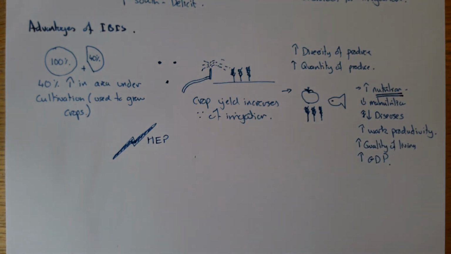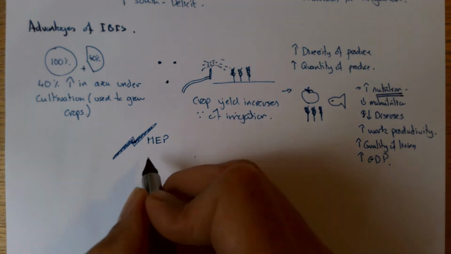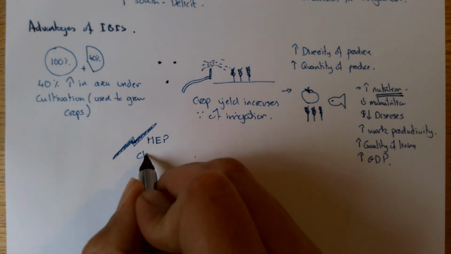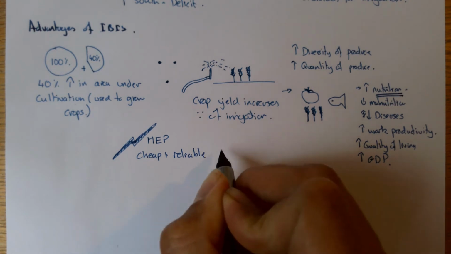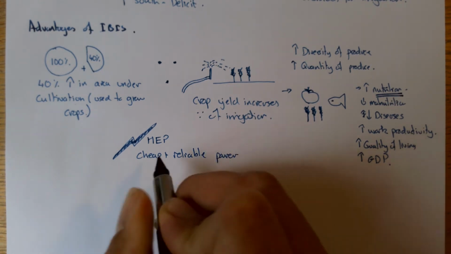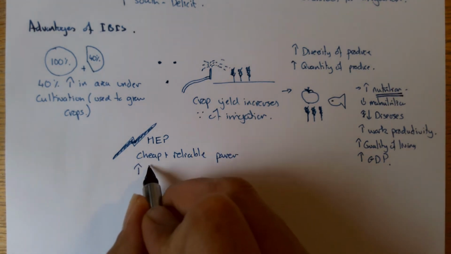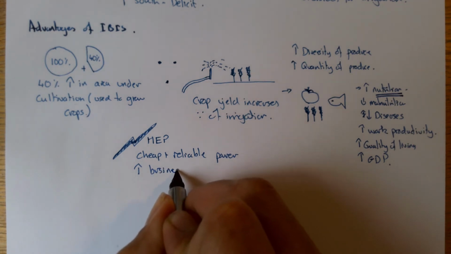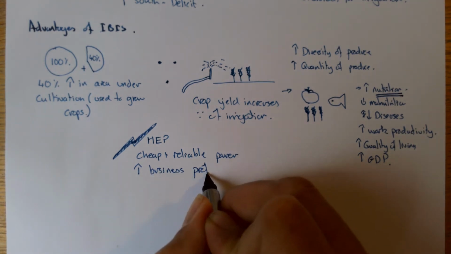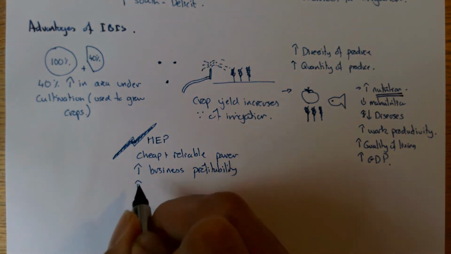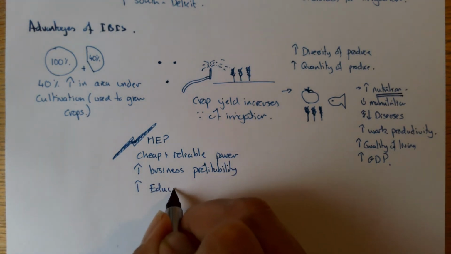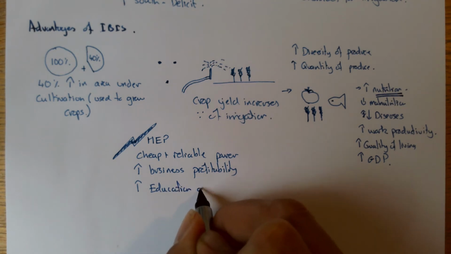So hand in hand with food security goes energy security, which means we can have cheap and reliable power, which increases business profitability. It increases education opportunities.